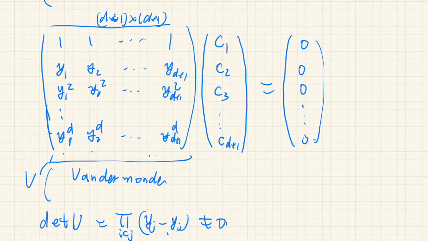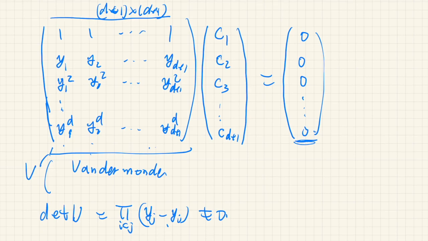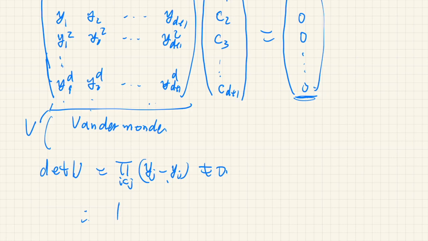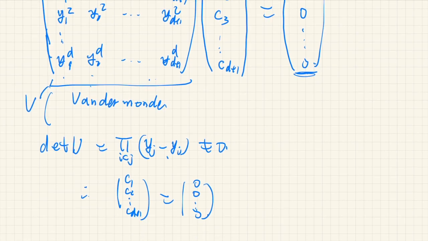That means this matrix is invertible, and if we invert this matrix, the right-hand side is the 0 vector. So that means this vector, c1, c2, and so on, c_{d+1}, is a 0 vector. And that was what we wanted to show, and we are done.